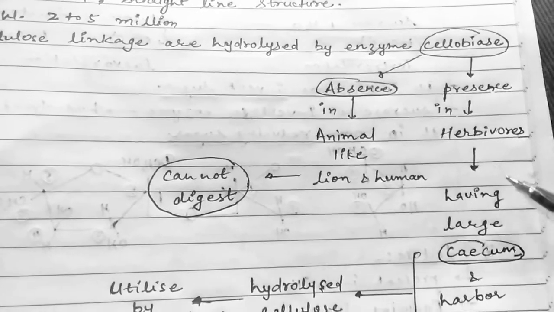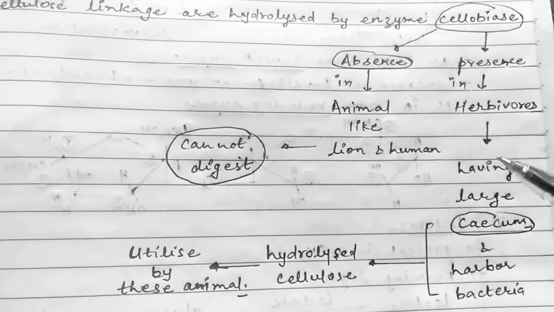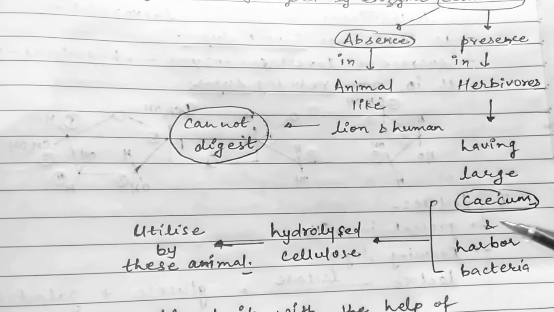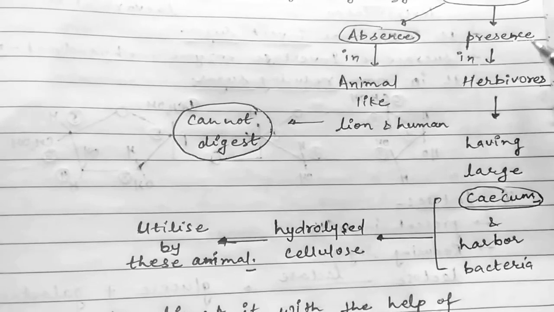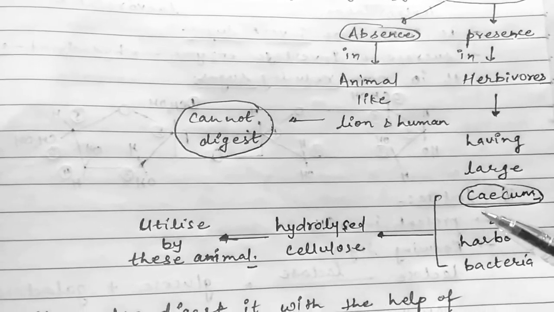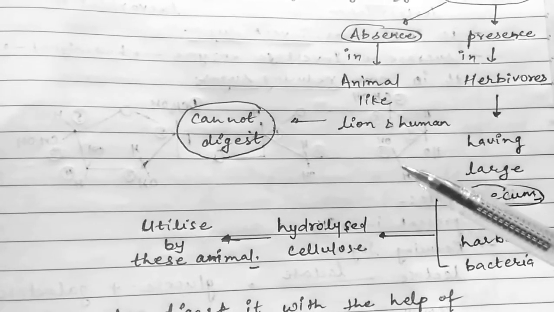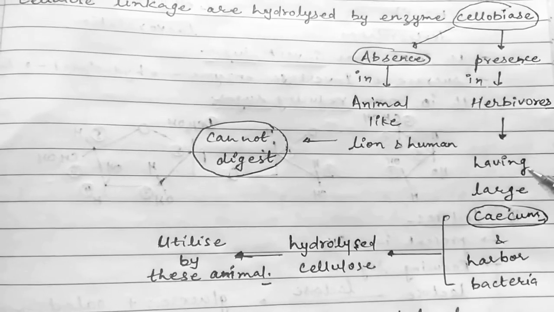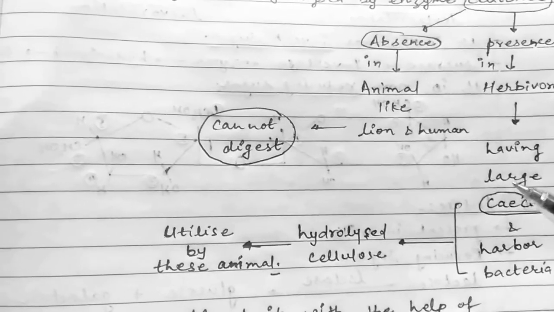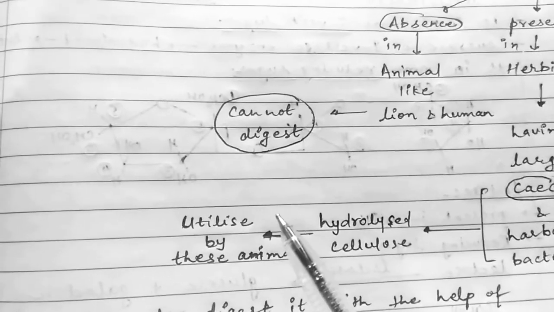This is part of the digestive system of herbivores, and it has a kind of bacteria which supports hydrolyzing this cellulose. Because of that, the cellulose gets hydrolyzed in their digestive system, and these herbivorous animals can utilize it.